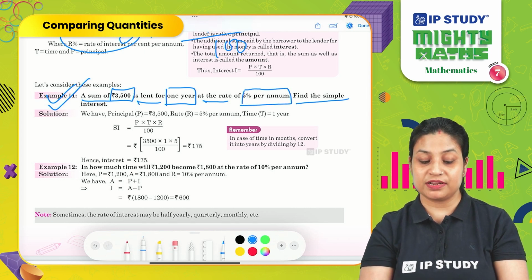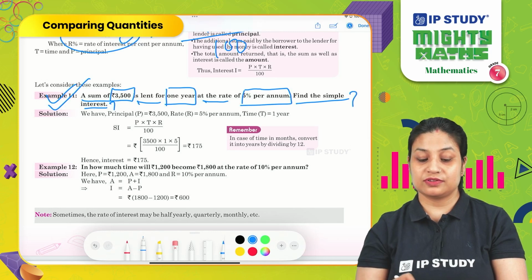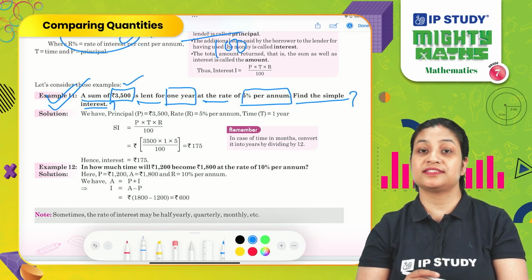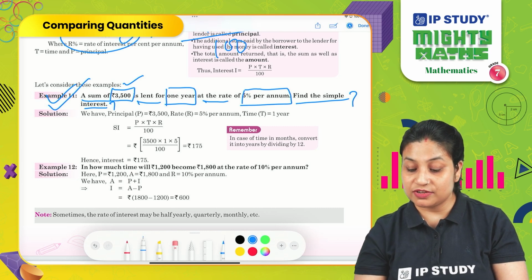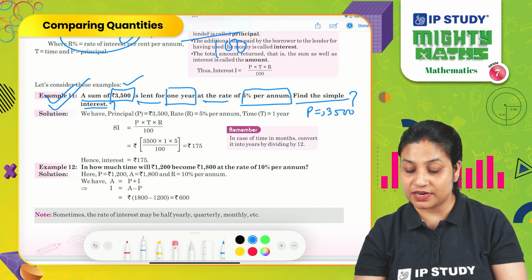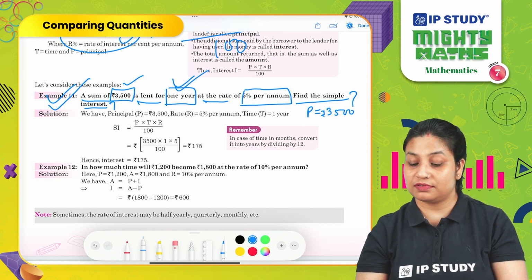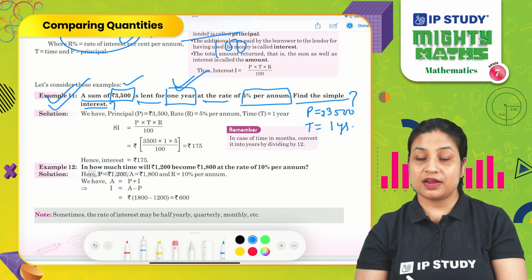Find the simple interest. So a sum of rupees 3,500 is taken from somewhere else, right? So principal becomes 3,500, right? For how much time? For 1 year. And at what rate?